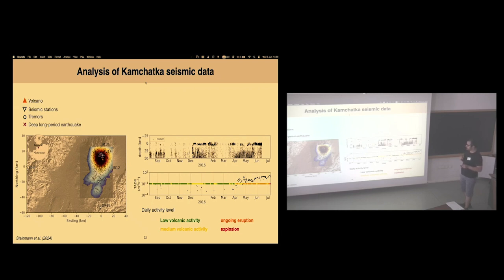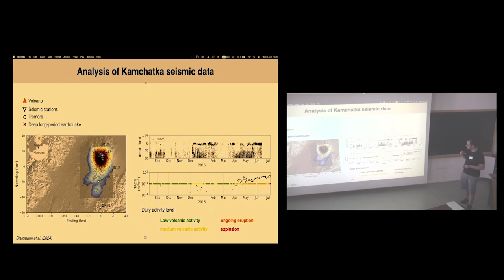Basically, here you can see the detection of the tremor over time, based on depth. And here you can see the daily activity level for this time period. The green is low volcanic activity, red is medium, and then it becomes an ongoing eruption, and then we have an explosion.